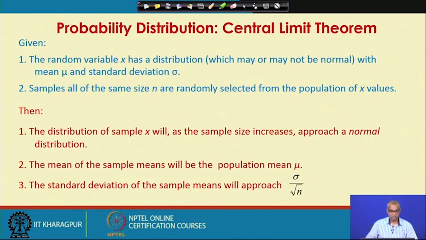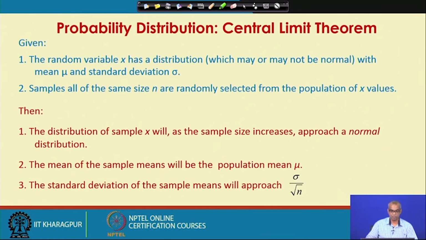Then the distribution of sample x will, as the sample size increases, approach a normal distribution. The mean of the sample means will be the population mean mu. The standard deviation of the sample means will approach sigma by square root of n.